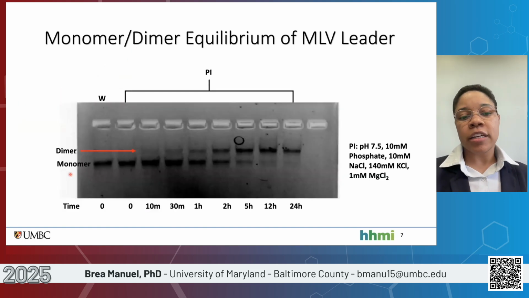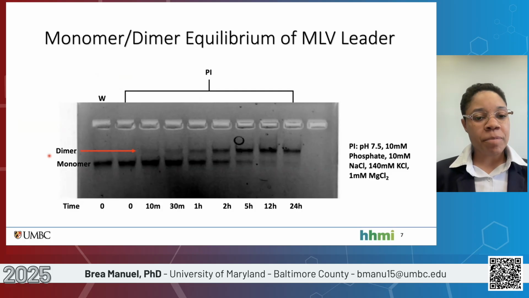Because we want to look at conservation of function as a study of structure, we first wanted to study the monomer-dimer equilibrium of the MLV leader. Again, HIV-1 has two different pools, where one pool is monomeric and one pool is dimeric. But because we only have one pool, we wanted to understand exactly how this RNA dimerizes. We first did this study where we had our RNA sequence in water. This RNA should be linear, therefore traveling as the monomer would.